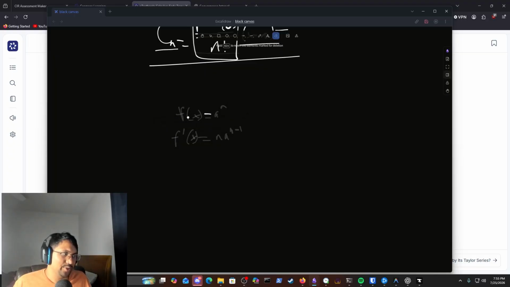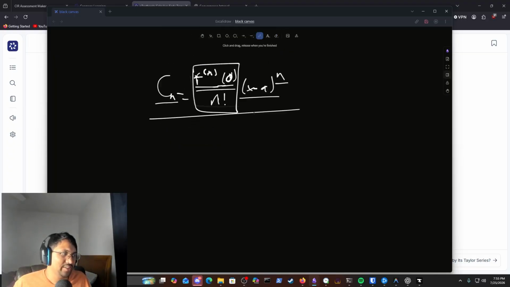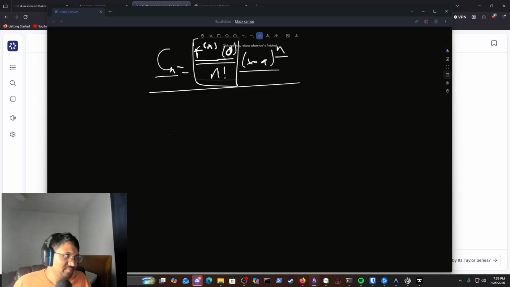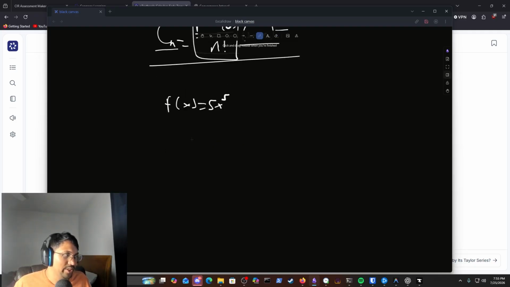But when we think about what a derivative is really doing, and we internalize that, let's set f of x equal 5x to the fifth. When we take the first derivative, 5 times 5, 25x to the fourth, right? Aren't we every time losing that original coefficient? And that original coefficient is very important because it tells us the magnitude of these building blocks.